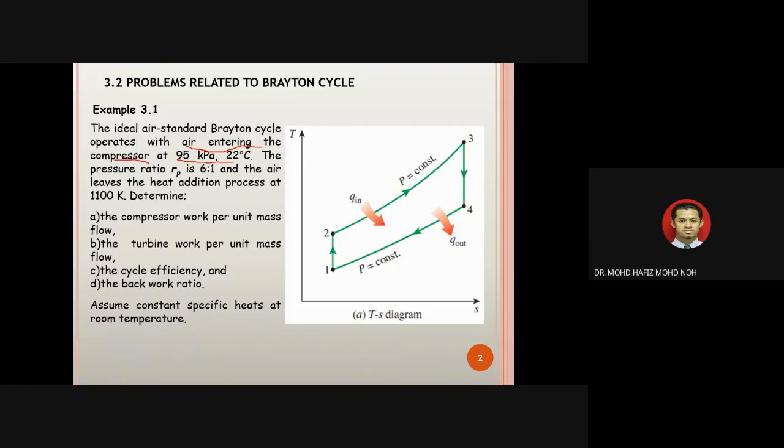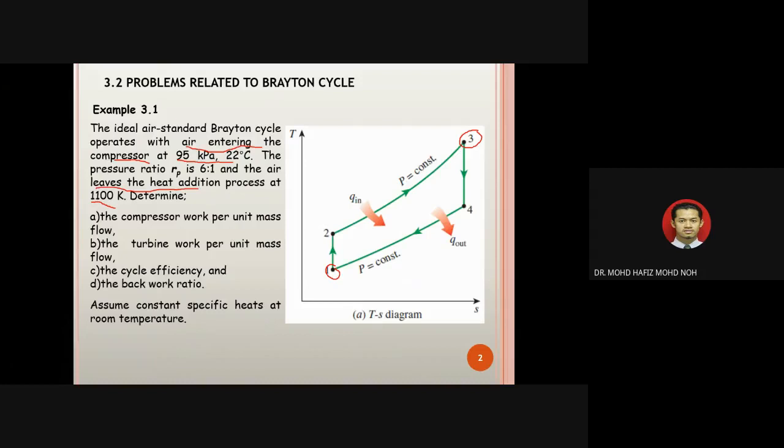So that means this one is here, entering the compressor. The pressure ratio RP is 6, and the air leaves the heat addition process at 1100 Kelvin. That is the temperature leaving the heat addition process, at T3. So the heat addition is from 2 to 3, and T3 is 1100. You have to calculate the compressor work, the turbine work, the cycle efficiency, and the back work ratio.